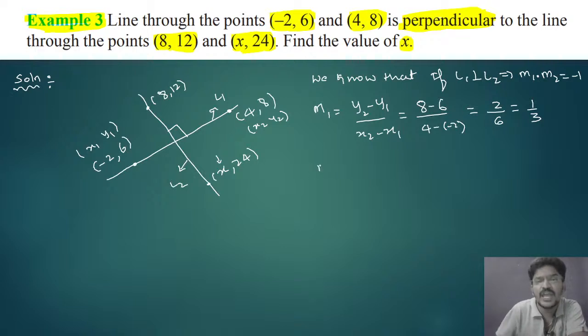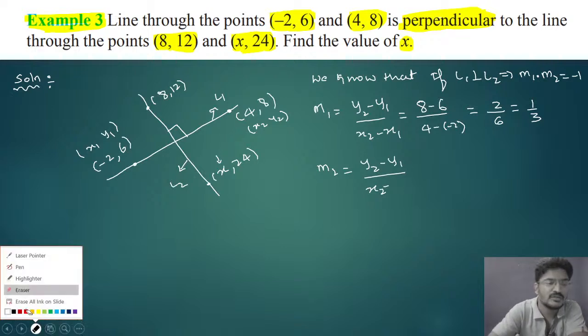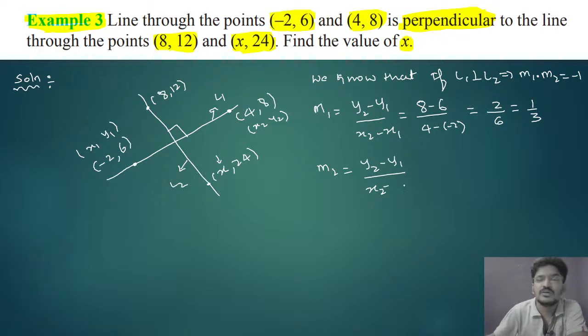Now find M2. Again the formula is y2 minus y1 divided by x2 minus x1. You can take this as x1, y1 and this as x2, y2.